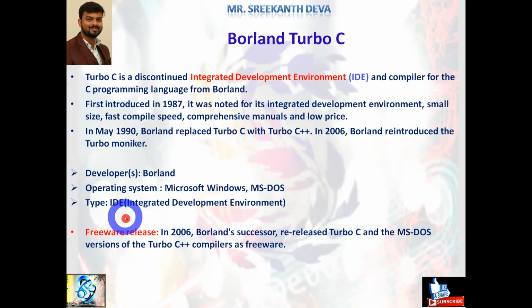Type is IDE, Integrated Development Environment. Here, the freeware release: in 2006, Borland's successors re-released Turbo C and the MS-DOS version of the Turbo C++ compilers as freeware. Okay, you can install and work with the freeware software.